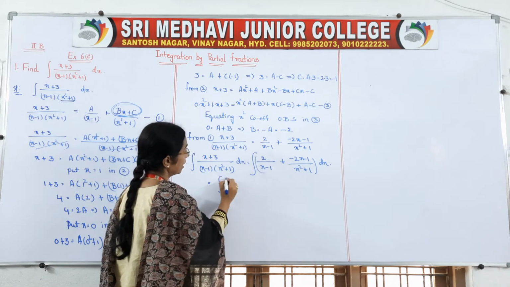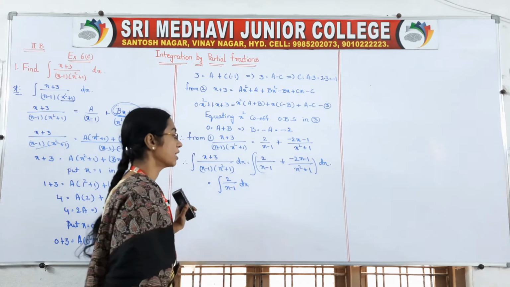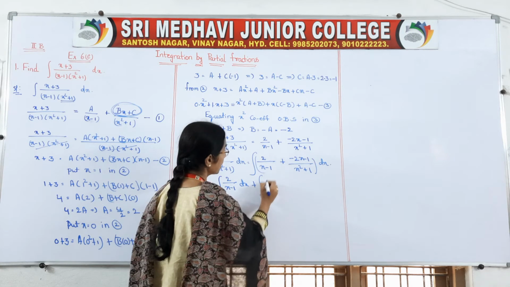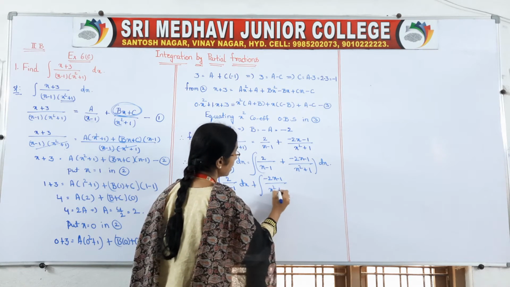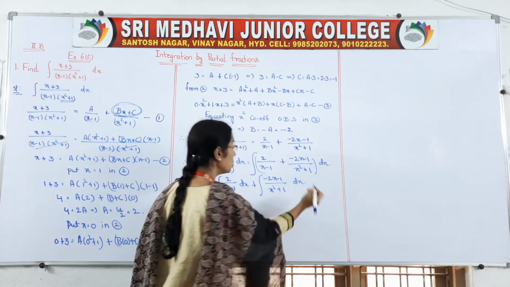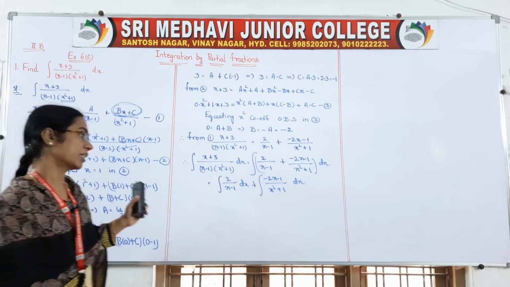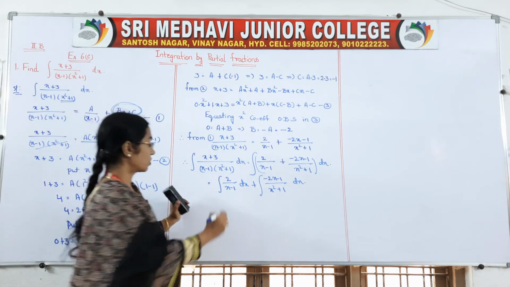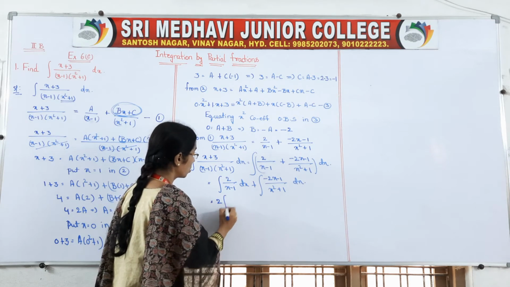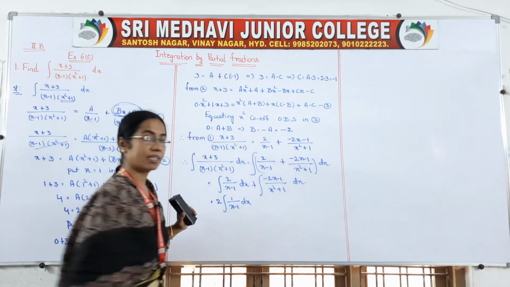So, it is the integral of 2 by (x minus 1) into dx plus the integral of (minus 2x minus 1) by (x square plus 1) into dx. 2 is a constant. Whenever some constant is there in an integral, you can write that constant outside. So, it is equal to 2 into the integral of 1 by (x minus 1) dx.